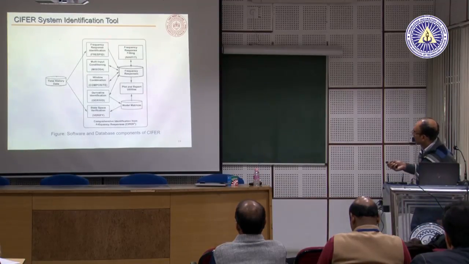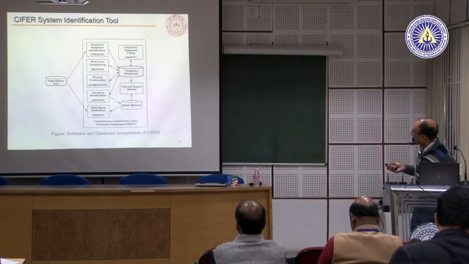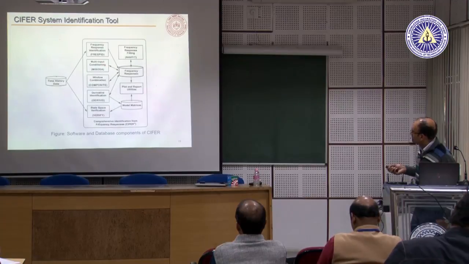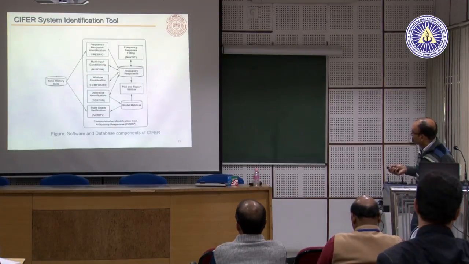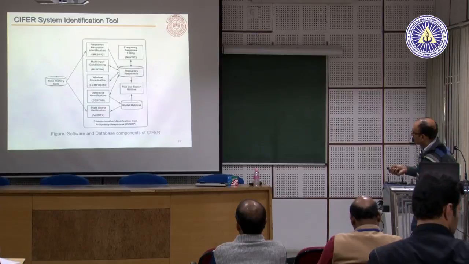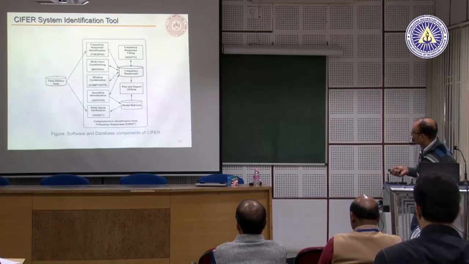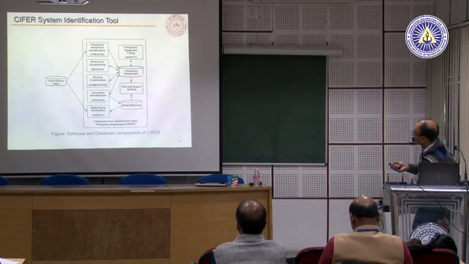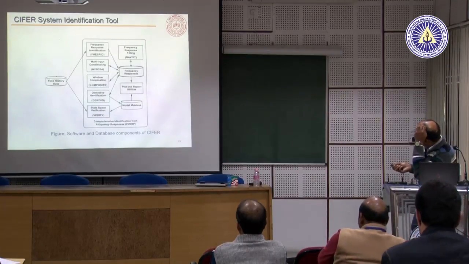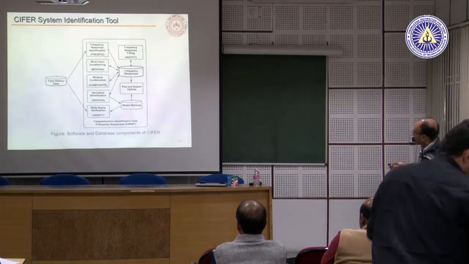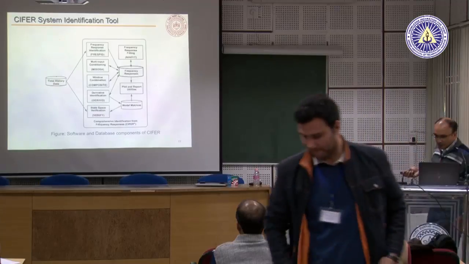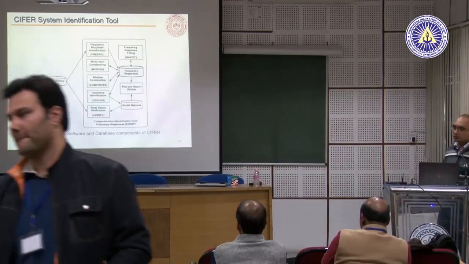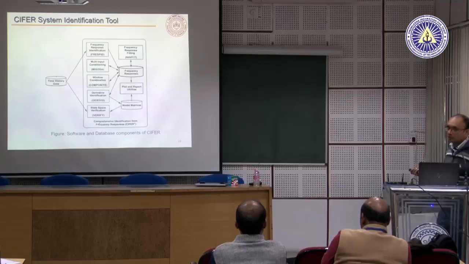One is frequency response identification called FRESPID, multi-input conditioning toolbox, window combination called COMPOSITE, derivative identification called DERIVID, state space verification called VERIFY, and then frequency response fitting, that is called NAVFIT, and various modules talk among each other. It's not very important, but when you start using CIFER, you actually have to understand this better.